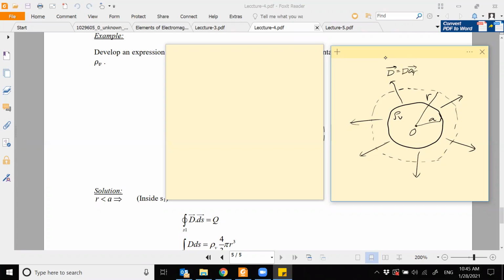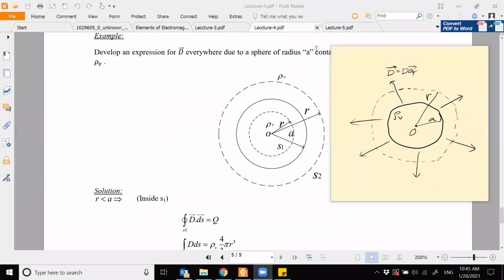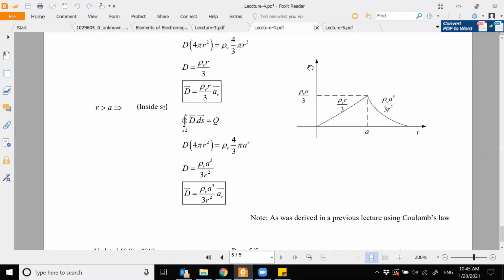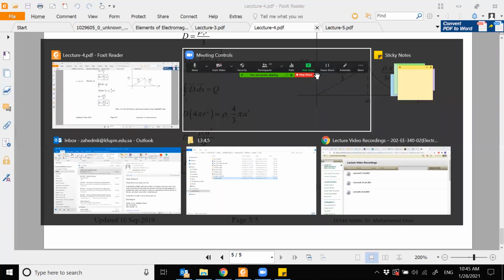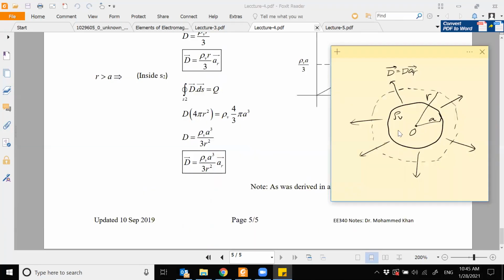So let's apply the closed surface integral. Here I have put my Gauss surface on the outside, so we say this is the case where r is greater than a.